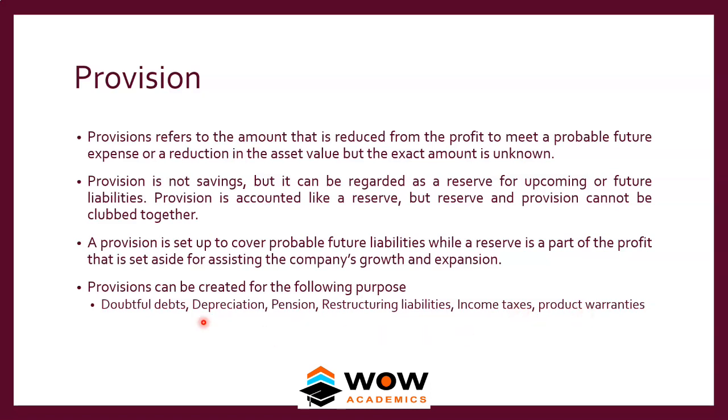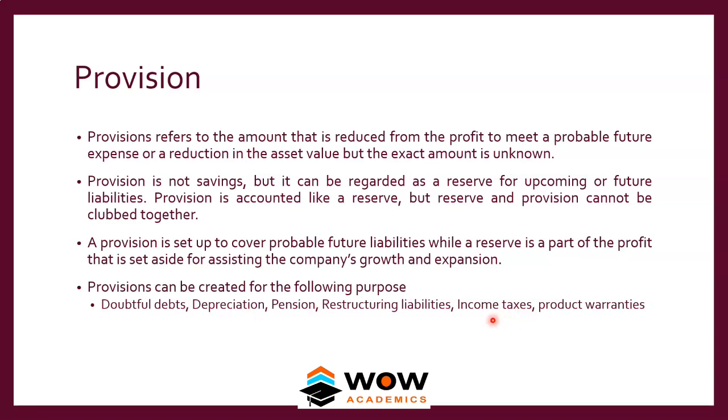In all these situations you are not very certain about the amount. You think that 5% of receivables, your debtors, might not pay properly. Or you feel depreciation can be a little higher or lower, so you only create a provision.